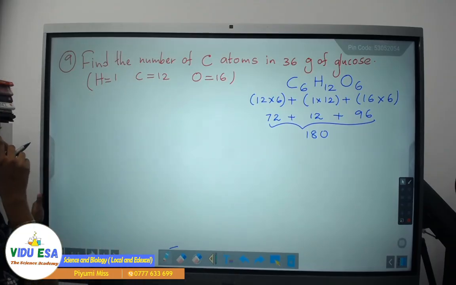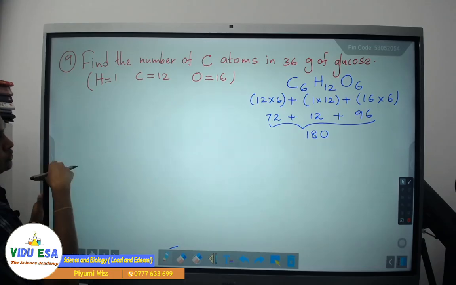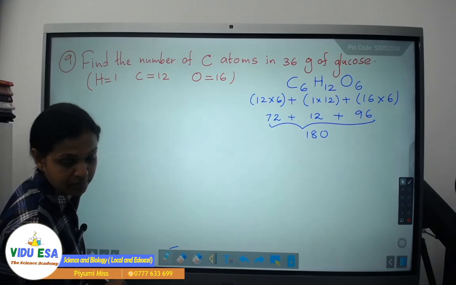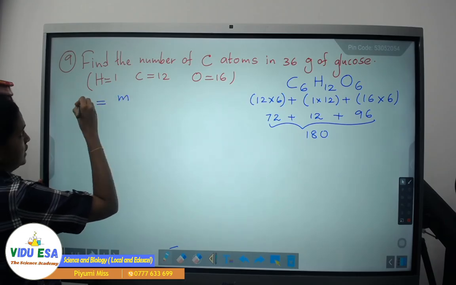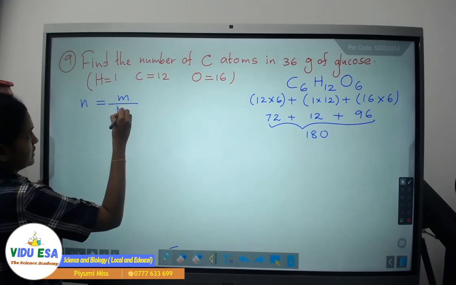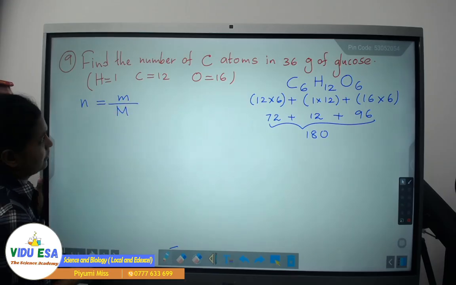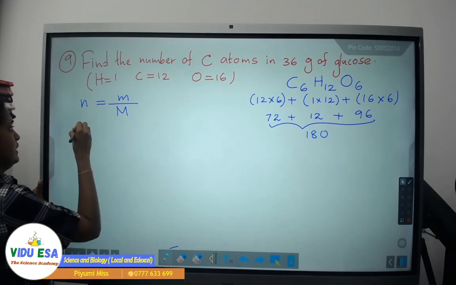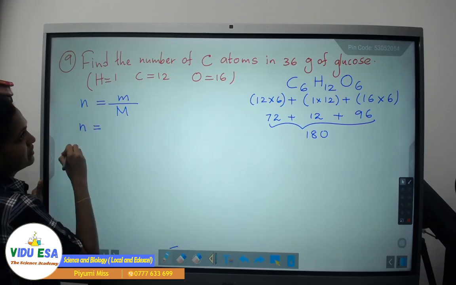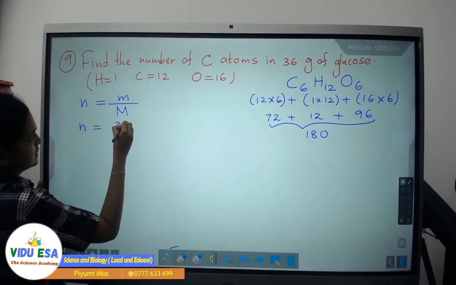Then number of atoms. Before we move on to atoms, we have to find the number of moles. Therefore, I substitute in the equation, number of moles equals mass divided by the molar mass. Now, the mass is given as 36 grams.